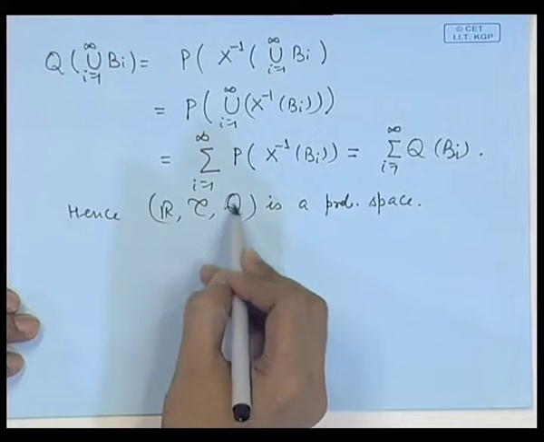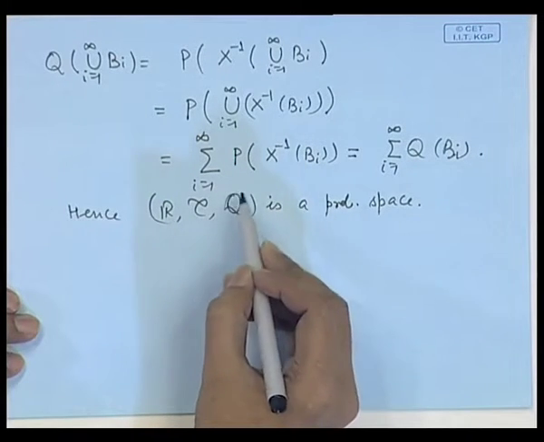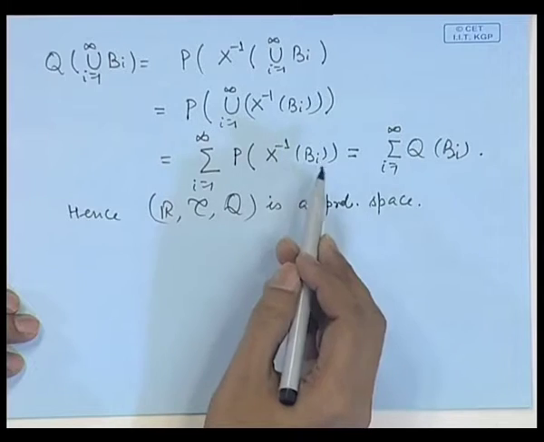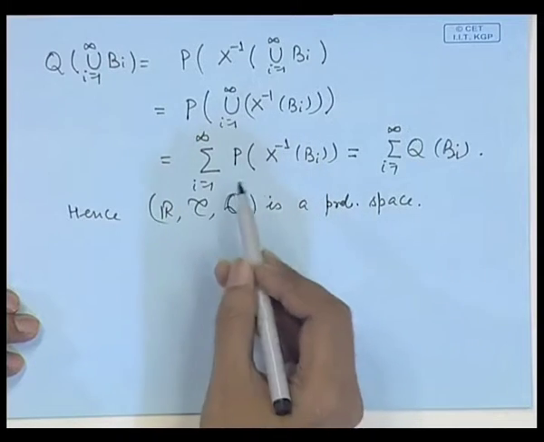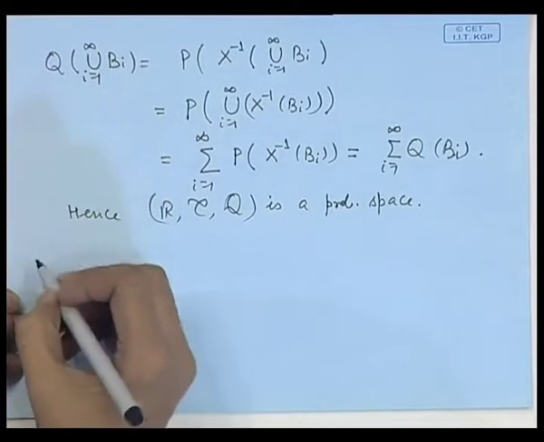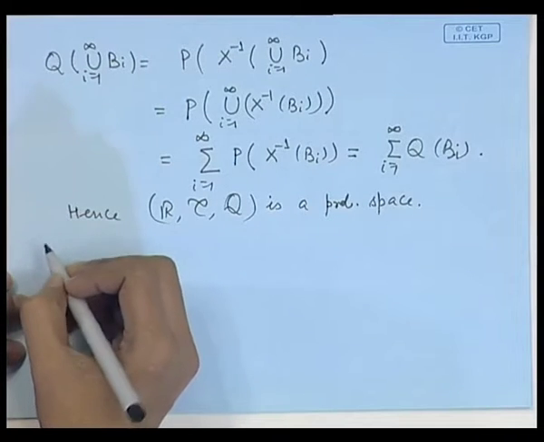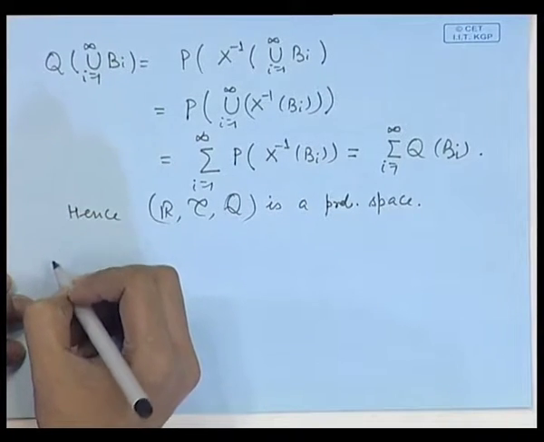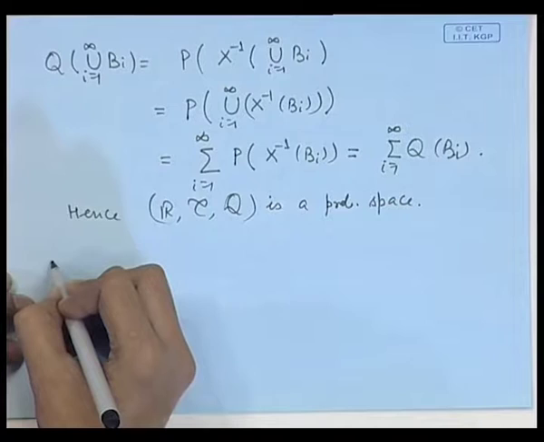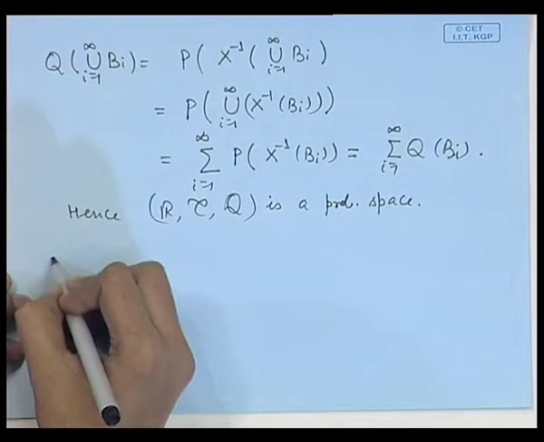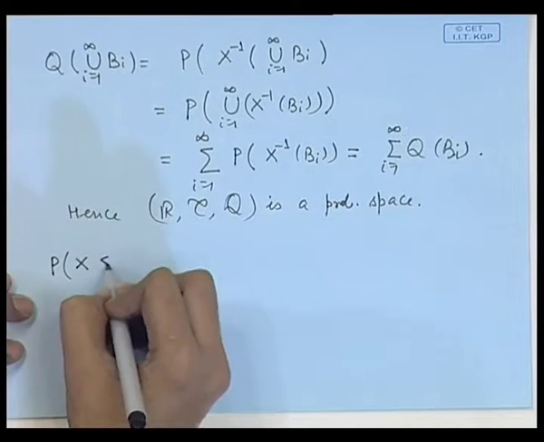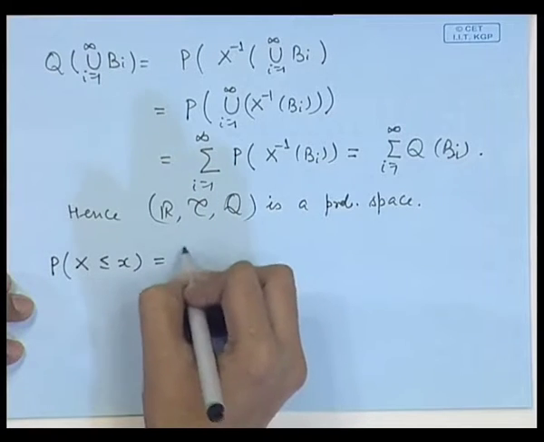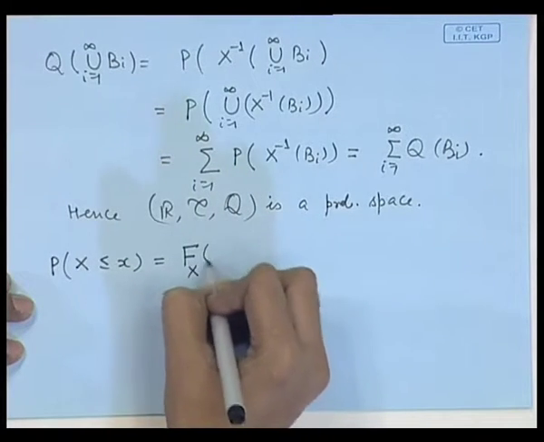Since Q is a set function and here I am looking at the real numbers, there is another function which we consider, called the distribution function. We define probability of X less than or equal to x as, say, F_X(x).